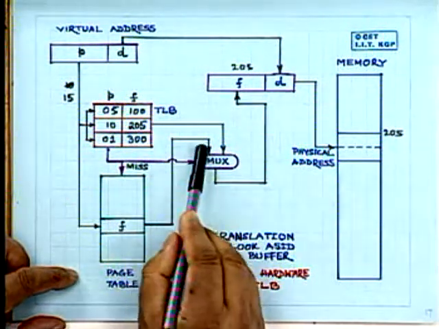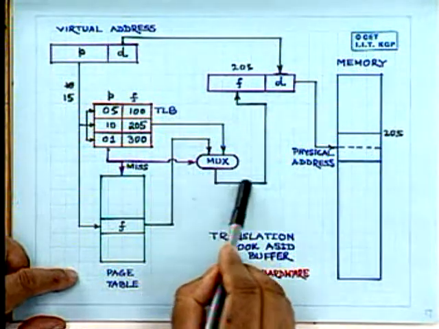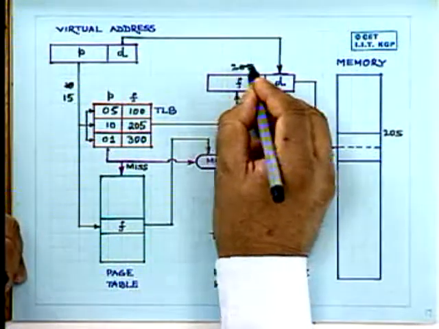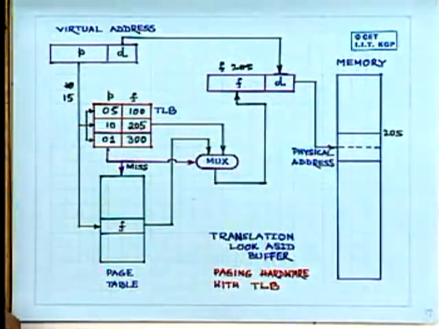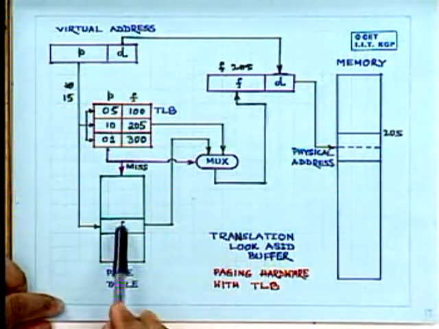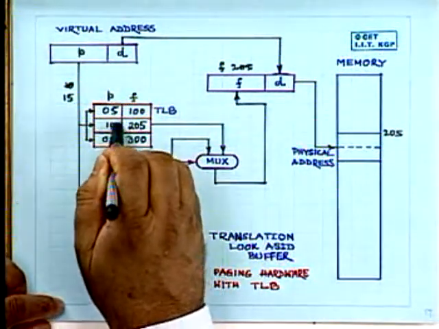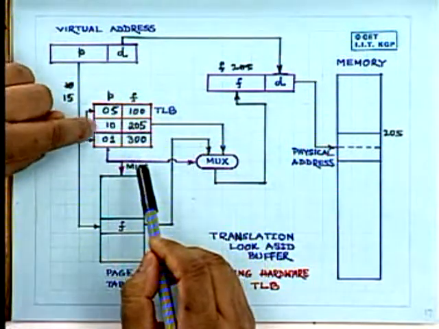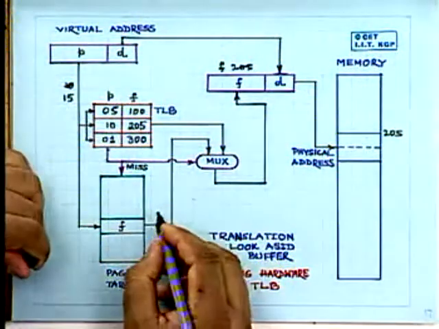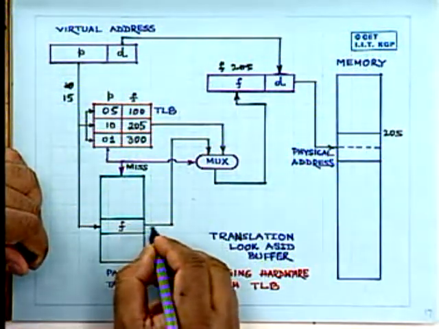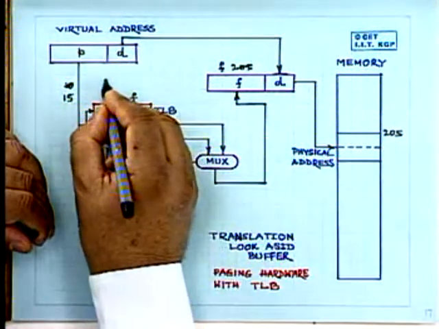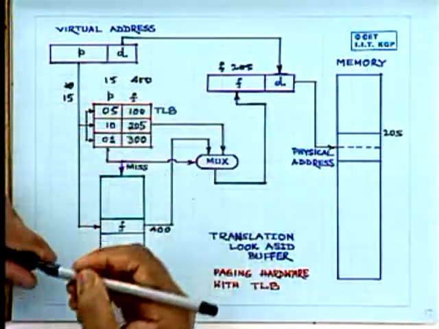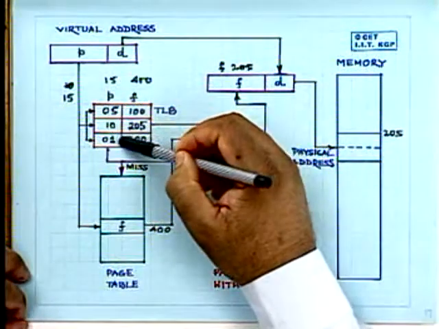If it's a 0, then this input will be multiplexed into the frame number, and the corresponding frame F will be inputted here. And this frame will be put into the translation look aside buffer. That means this information, that 15 should come here, and the corresponding frame, say 400. So 15 and 400, that information will be put into the translation look aside buffer, right?